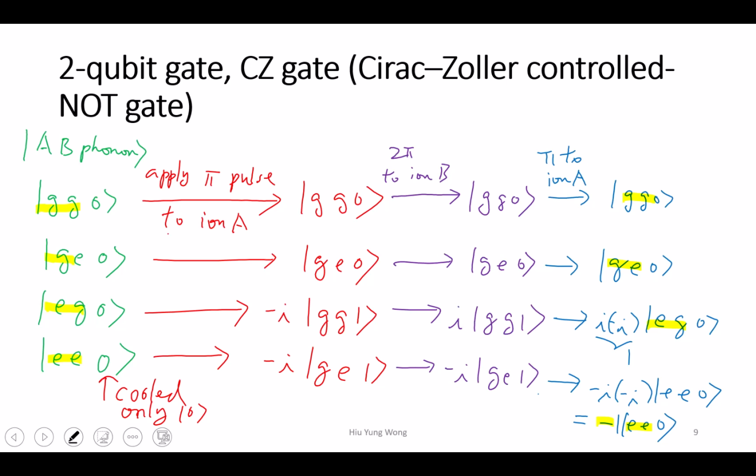So when the other atom is at 1, then I cannot excite. And in order to excite, it also depends on the laser energy, because from 0 to this Rydberg state or from 1 to this Rydberg state needs different laser energy, right? So if it is at 0, maybe I cannot excite it, then I don't feel the Coulomb blockade. Then I can excite mine.